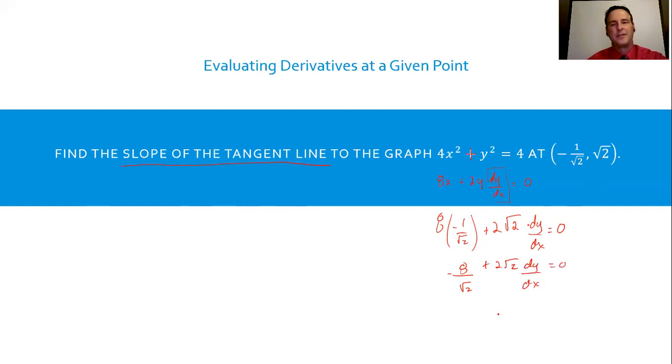And we have to solve, okay? So I will add this -8 over rad 2 to both sides, and then you'll divide by this 2 rad 2.